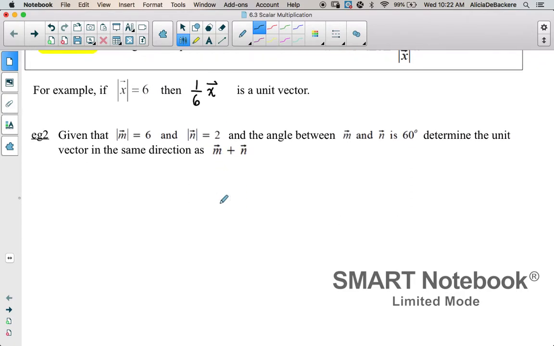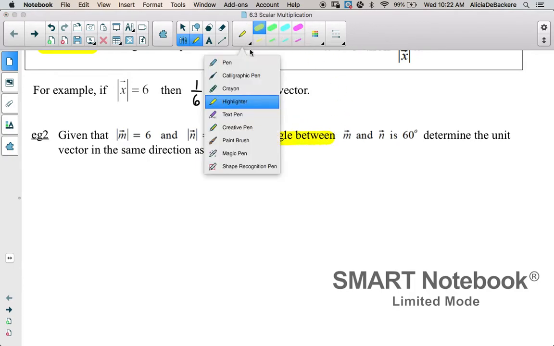All right, so let's try a more complicated example here. I've got two vectors, m and n. M has a magnitude of 6, and n has a magnitude of 2. The angle between m and n is 60 degrees. Remember when they say angle between? I mentioned this earlier.